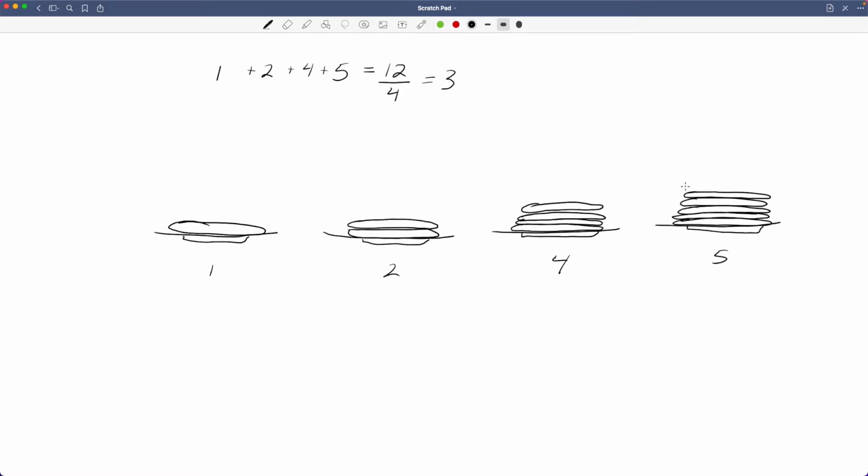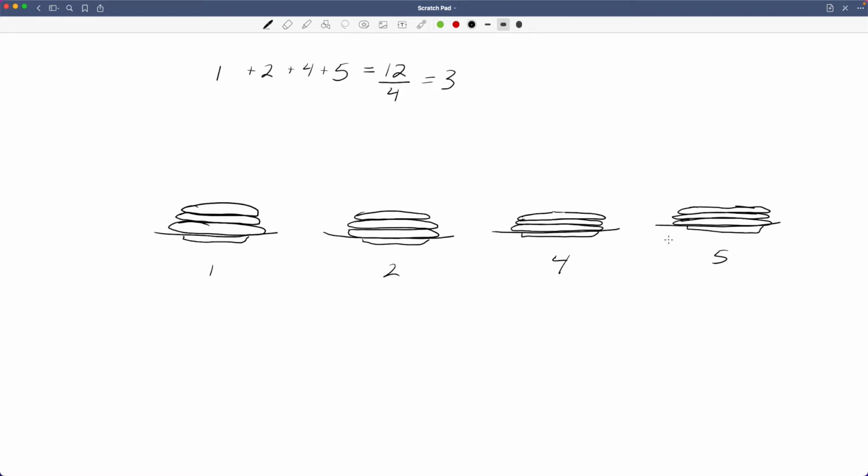So I took 2 of the pancakes from here, and I put them over here on the plate that only has 1. And I took 1 of the pancakes from here and put it over here on the plate that had 2. Now everybody had 3 pancakes, and I didn't have to worry about anybody leaving me with just 1.